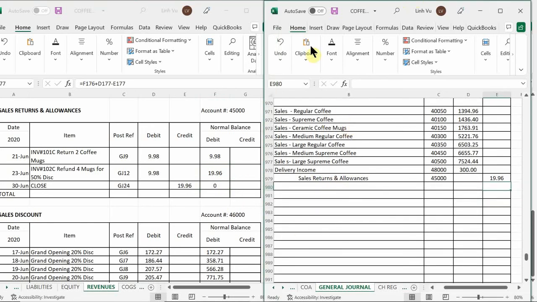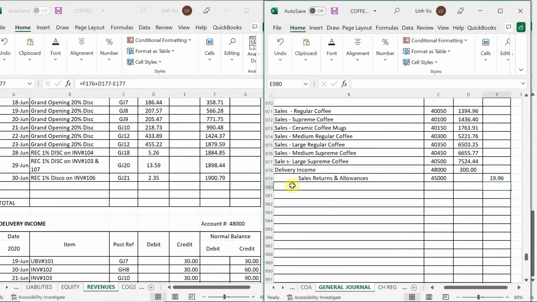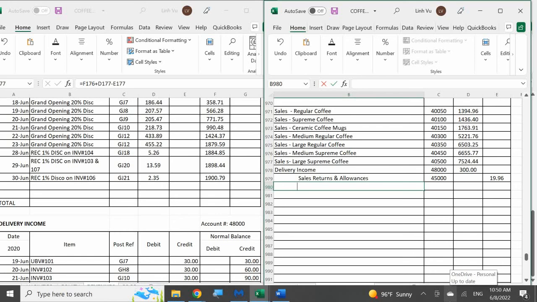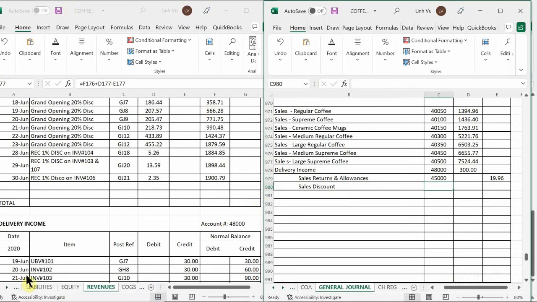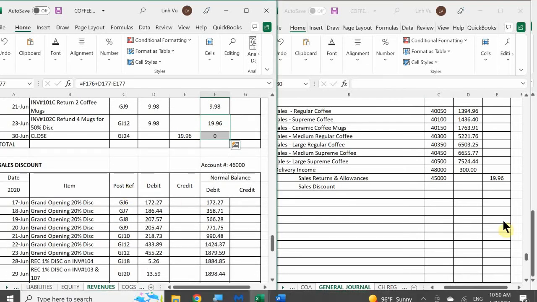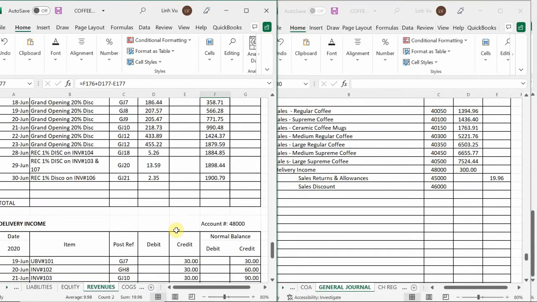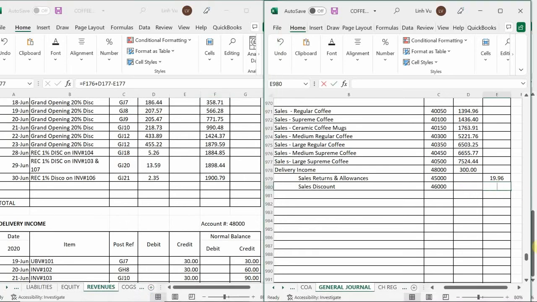Last account that I have here is going to be my sales discount, which is account number 46,000. My total discounts is a grand total of $1,979.